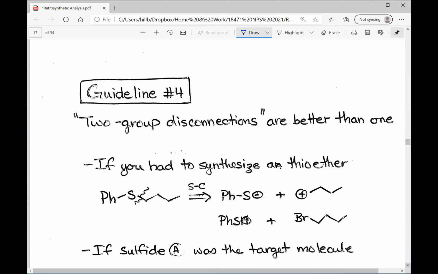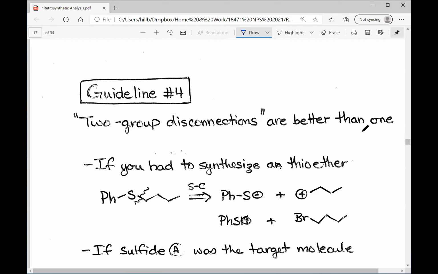Okay, so what were the 3 guidelines from last class? Break near a heteroatom, like connecting a heteroatom. Right, so break beside a heteroatom. That's why we were looking at the nitrogens and the sulfurs.